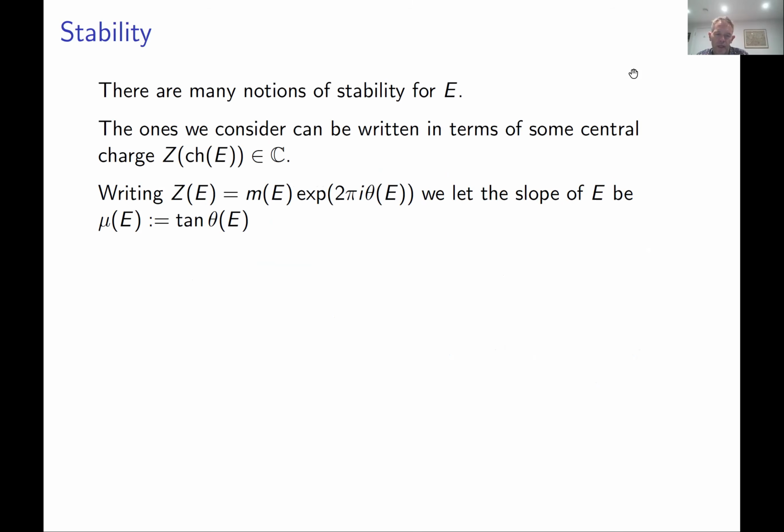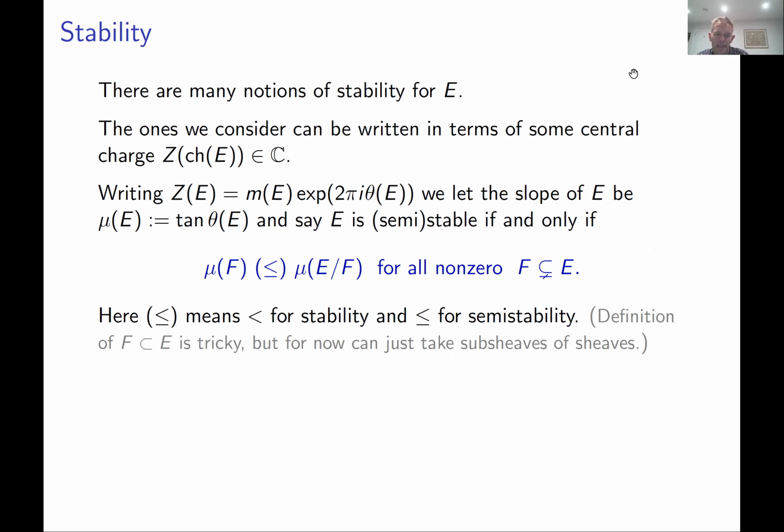And we can take the slope of the central charge, and then basically stability always takes the same kind of shape. It says the slope of any, let's suppose we're dealing with sheaves or bundles, we say that it's stable if the slope of any sub-sheaf or bundle is less than the slope of the quotient sheaf or bundle.